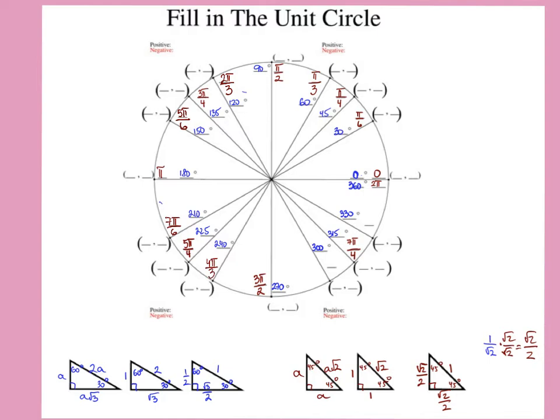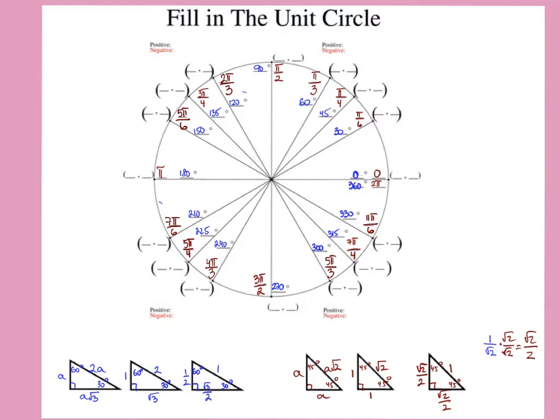Then 9 pi over 6, which is 3 pi over 2. Then we have 10 pi over 6, which is 5 pi over 3. And then we'll have 11 pi over 6, which is going to be 330 degrees, and 12 pi over 6 gives me 2 pi. So currently we just went around the unit circle and converted every degree measure into radian measure.